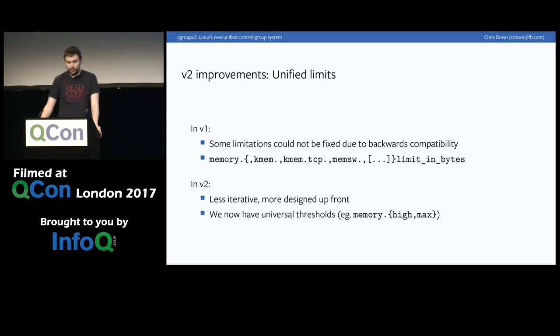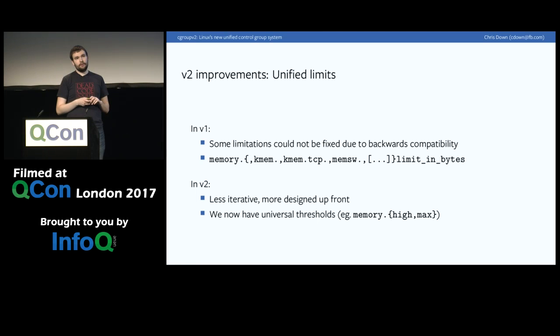v1's over-flexibility also contributed to a number of API problems. Not only are some things difficult to do in v1, some of them are actually impossible to do, which is kind of bad. So for example, in v1 we had memory.limit_in_bytes, which was created towards the beginning of cgroups when memcg was created, and it was supposed to be the memory limit in bytes, as you'd expect.